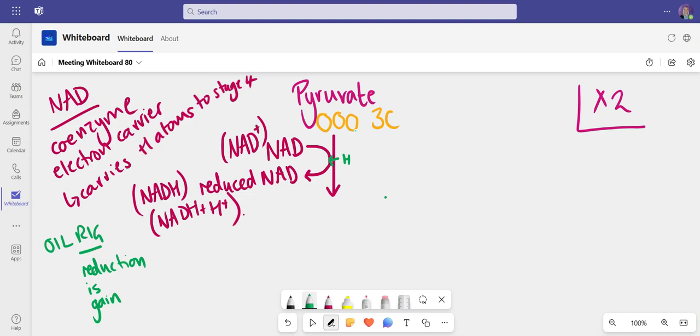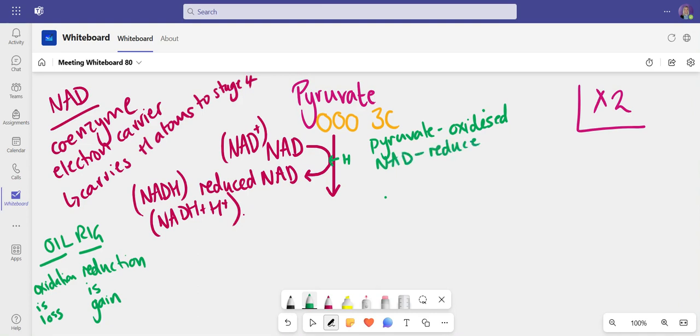The pyruvate, at the same time, has been oxidized because the OIL part stands for oxidation is loss. So the pyruvate has given the hydrogen to NAD. So the pyruvate has been oxidized. Okay, and the NAD has been reduced.